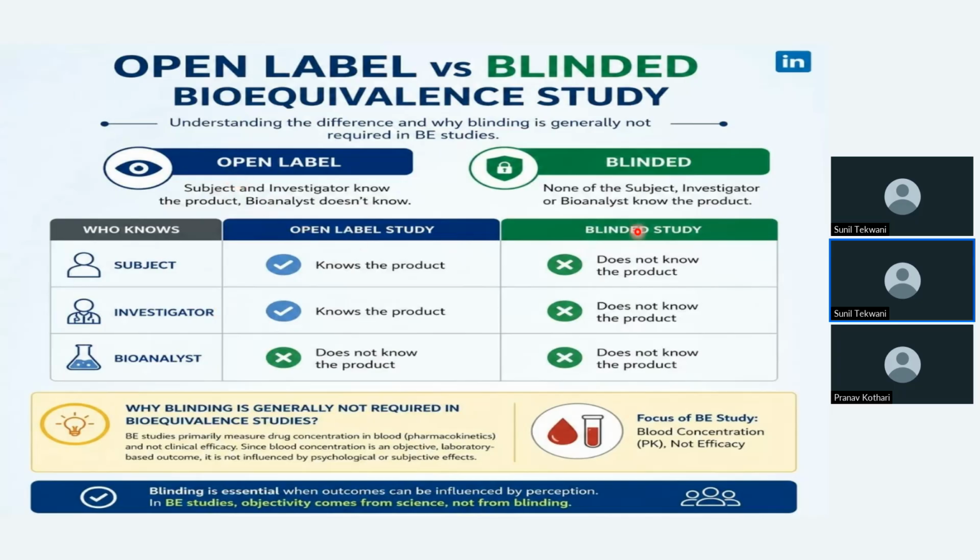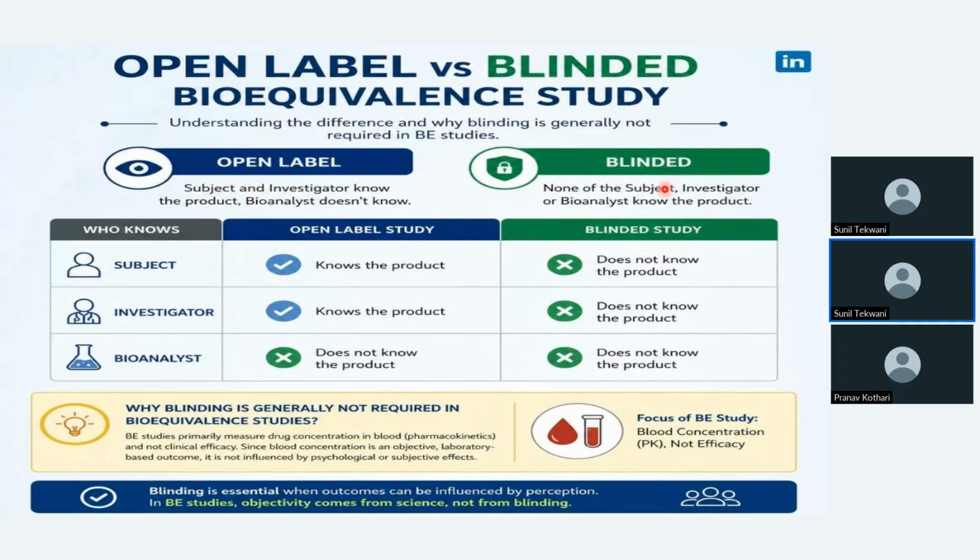Blinding is done majorly for efficacy and safety trials, phase 3, phase 2 trials, not for bioequivalence studies, because in bioequivalence studies we are measuring blood concentrations, and blood concentrations do not have placebo effect. So this is open label and blinded study, and all the guidances say that open label BE studies are okay.